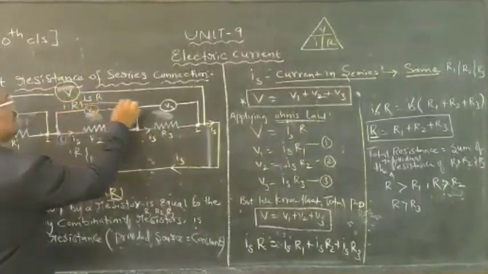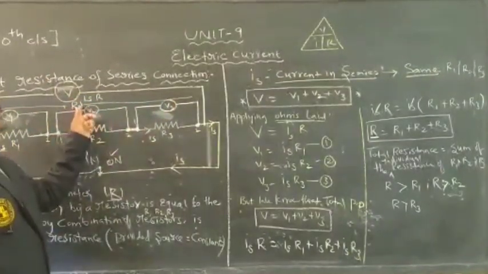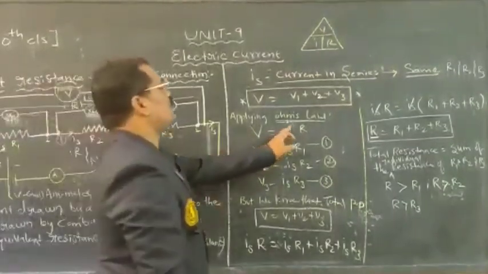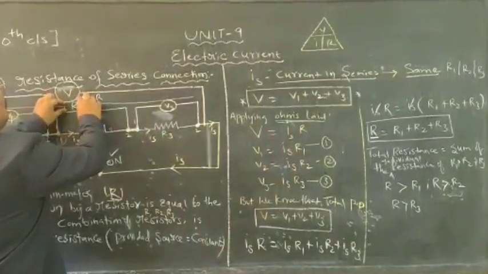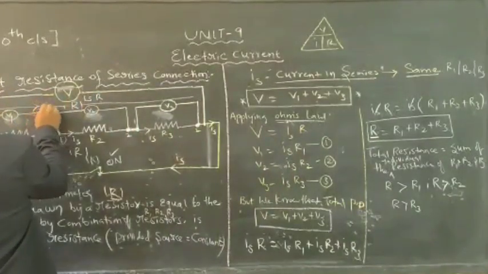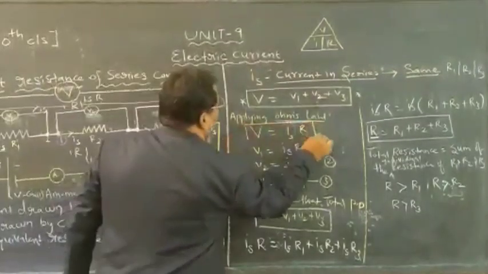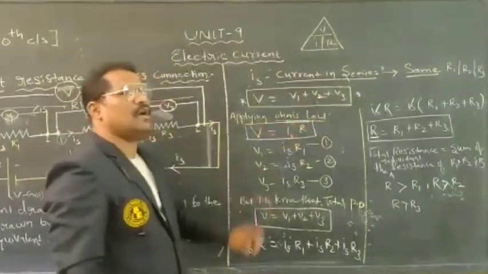The sum of all three resistance wires is equal to the total resistance. Therefore, V is equal to IS R. This is nothing but a total resistance R through which IS current is flowing depending upon potential difference. According to Ohm's law, V is equal to IS into R.